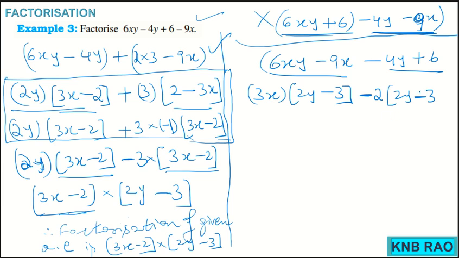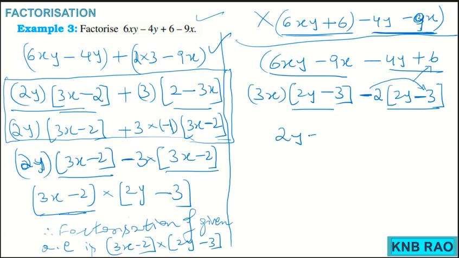Why minus sign? Because minus 2 is taken common out. So, minus 2 into minus 3 can only give plus 6, isn't it? So, watch carefully. Now, 2y minus 3 is common.